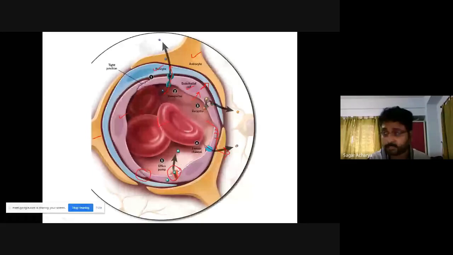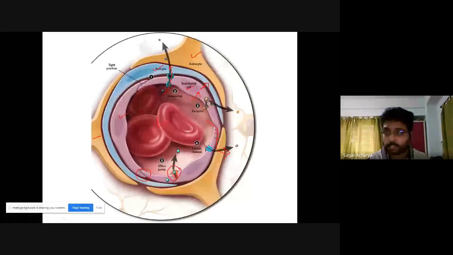But in case of the blood-brain barrier, this scenario is largely due to the presence of tight junctions and the presence of an efflux barrier. What are those efflux pumps actually? There are 3 or 4 types of efflux pumps.